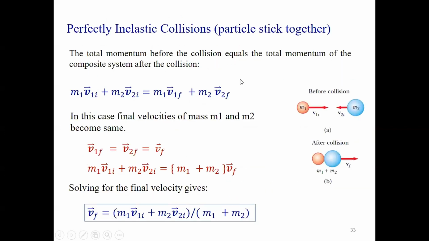Then in a perfectly inelastic collision, where the particles are sticking together, the total momentum before the collision is equal to the total momentum after the collision, and we get the reduced form as v1 final equal to v2 final equal to vf. Therefore, m1 plus m2 is together, and the v final is equal to m1 v1I plus m2 v2I divided by the total mass.